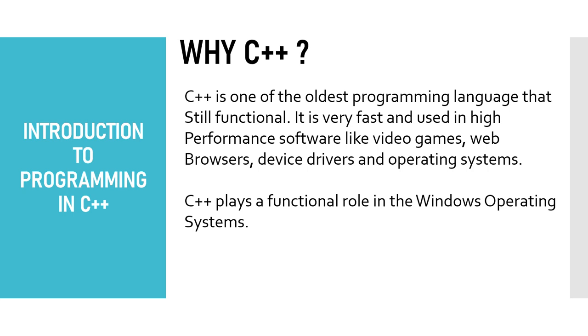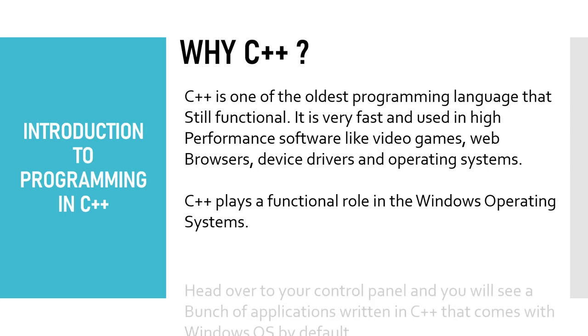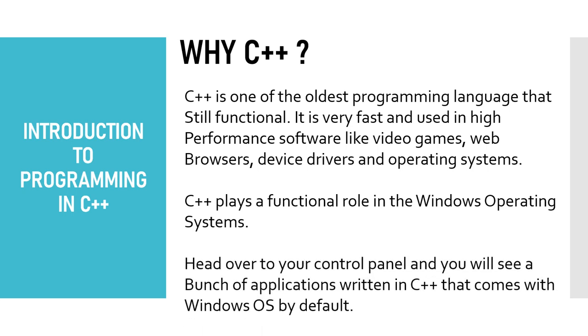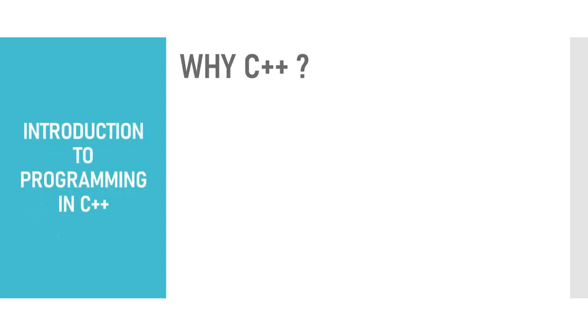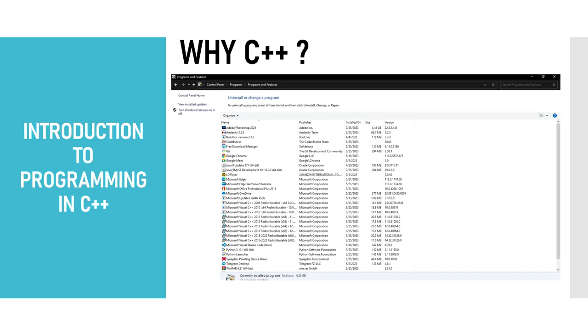Now C++ plays a functional role in the Windows operating system. Yeah, the Windows operating system comes with a lot of C++ applications that are already installed in it. So I would like you to head over to your control panel and you see a bunch of applications written in C++ that come with Windows by default. There are a lot of applications on that. So I have an image right here, and I would like you to go to your control panel and search for it.